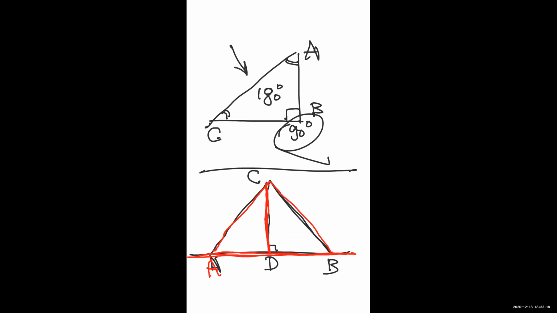I mean, CD is less than CA and less than CB, and even more if I draw two more lines like this. So this one is E and F. So this means also CD is the shortest.